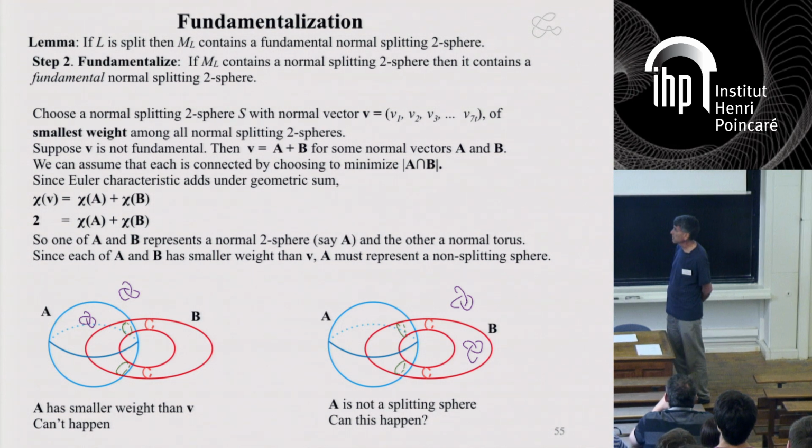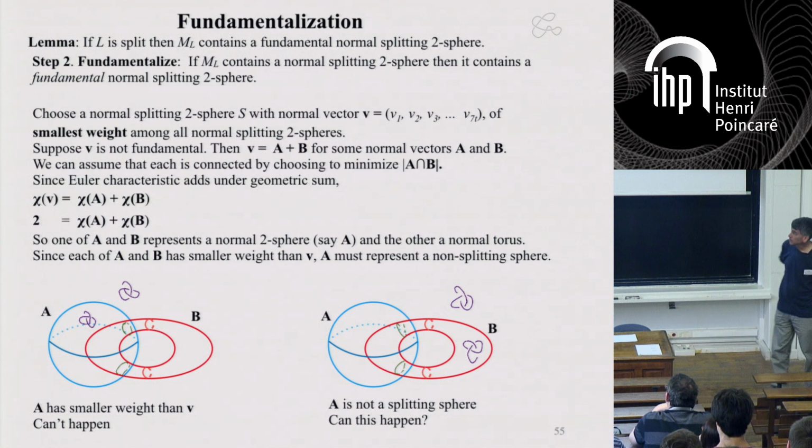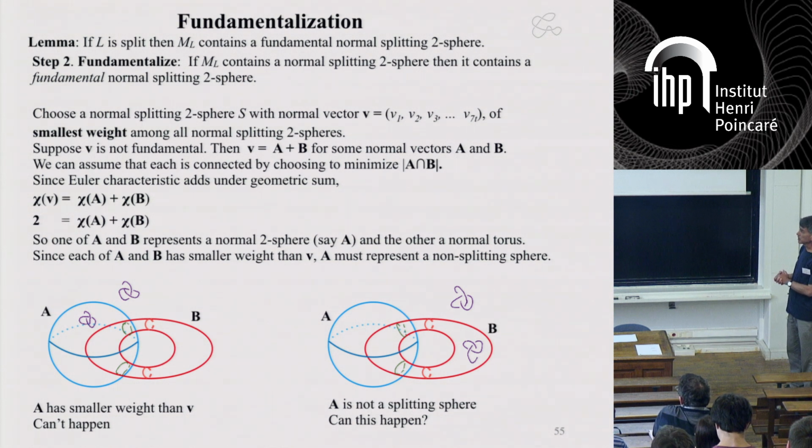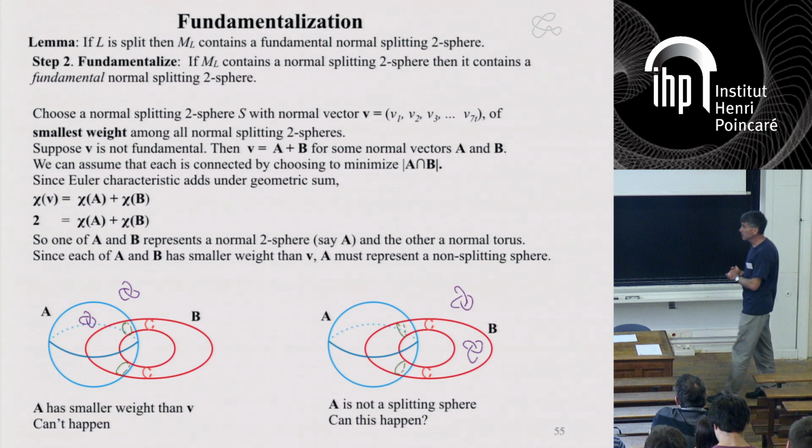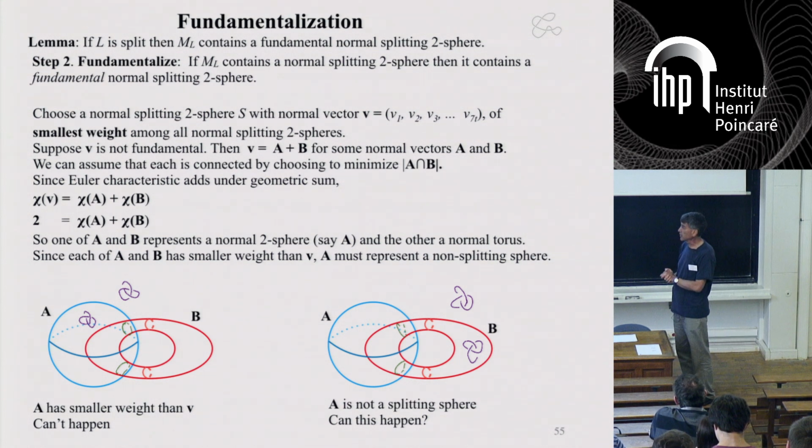Somehow a sphere and a torus are being added to get this new sphere, which is separating this new minimal weight sphere. Well, why can't we just use the two-sphere A instead? We started with what we thought was a minimal weight two-sphere, and now we've written it as A plus B because we're assuming it's not fundamental.